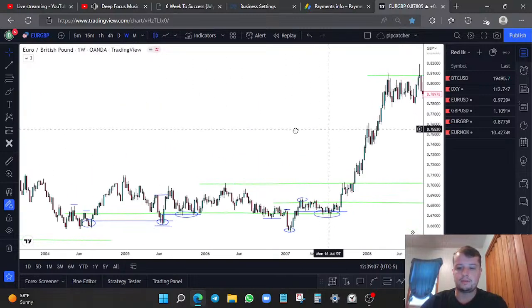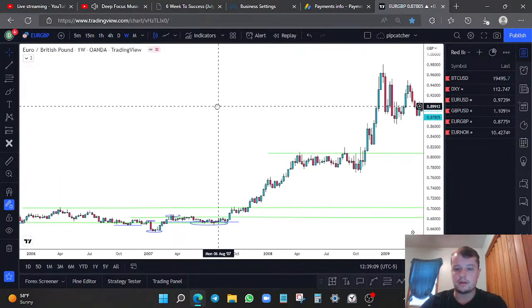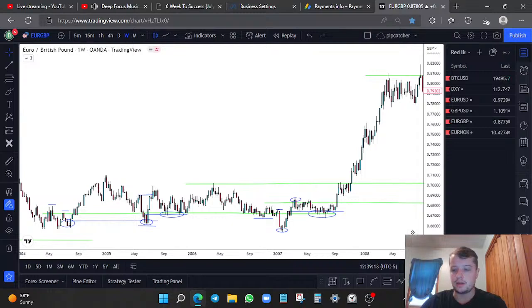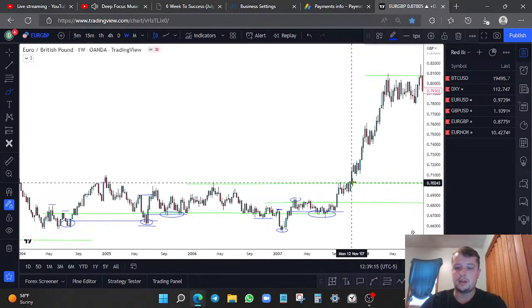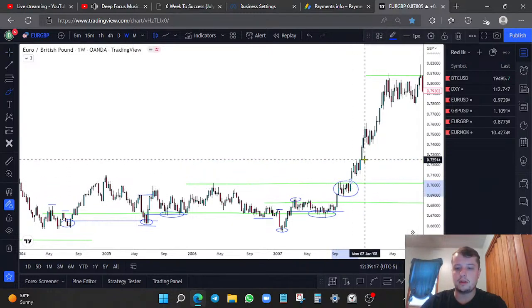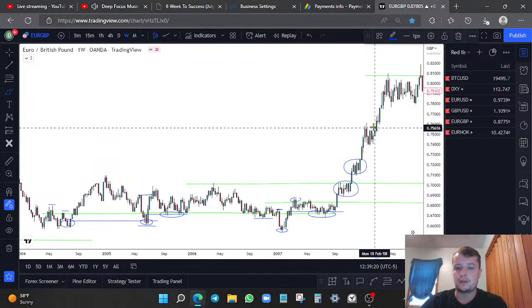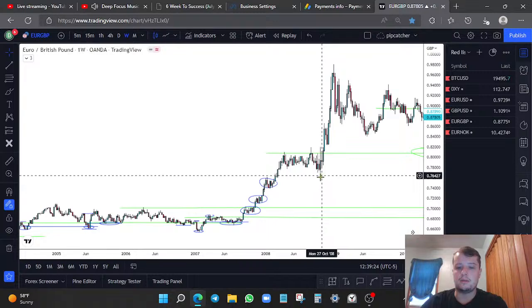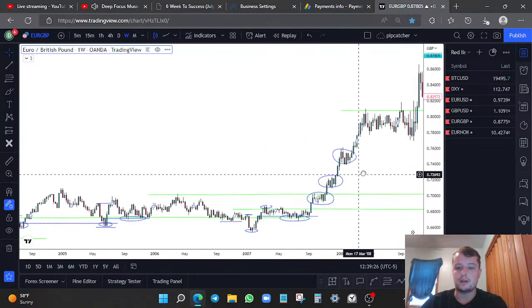Now moving on, and this is where the impatient people see these little points of structure right here, where there's no retracements.